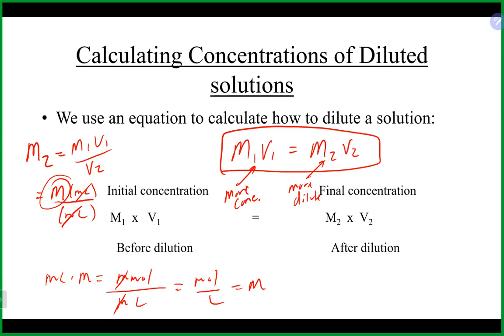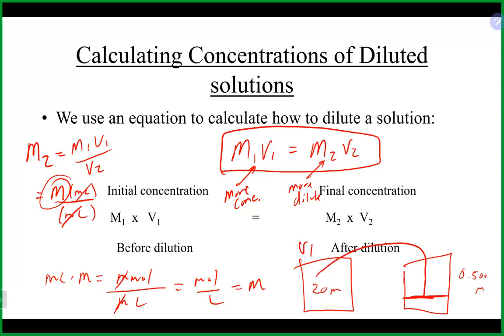M1 is usually, again, the concentration of the more concentrated solution. V1 is how much of that more concentrated solution you would be taking out to make your solution. So for example, if I had a solution over here that was, say, 20 molar, and I wanted to make another solution over here that was, say, 0.5 molar, when I solve for V1, that would be how much I would take out of my more concentrated solution to put into my new beaker, whatever you're making.